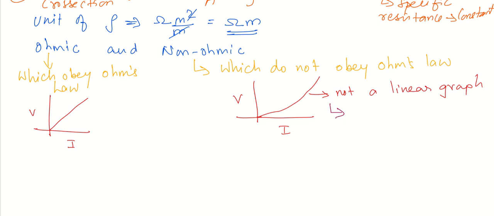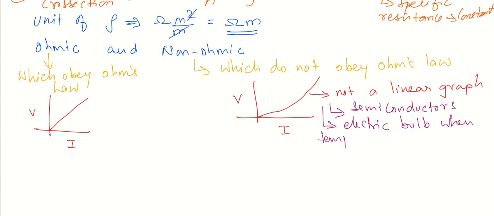So semiconductors behave as non-ohmic substance. Your electric bulb, when temperature increases, that also behaves like non-ohmic, right?